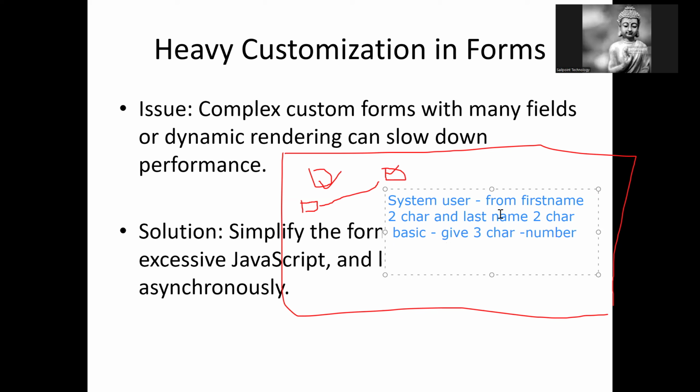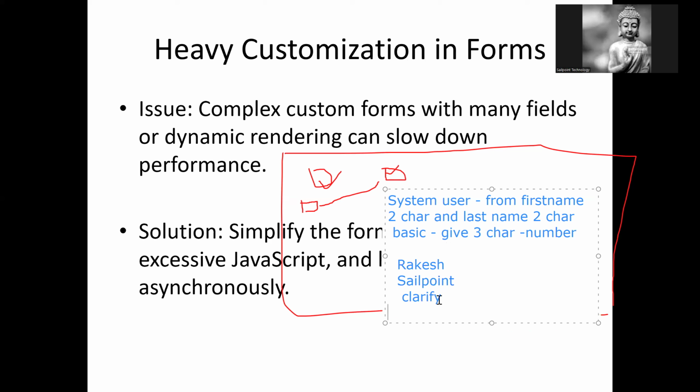So now in this calculation, what happened? Let's say the first name is Rakesh, the last name is SailPoint, and the application you are trying for is Clarity. Using these three fields, you need to calculate one dynamic field.